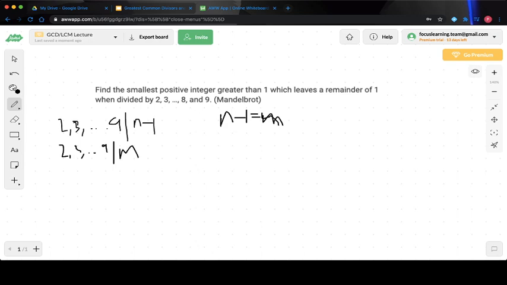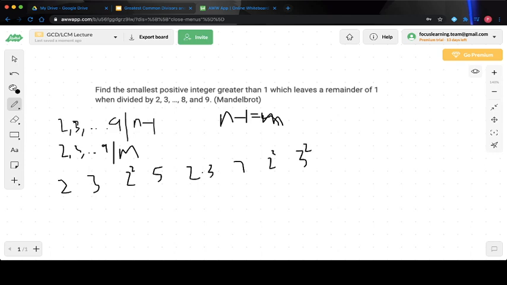So now we can just find the least common multiple of the numbers 2, 3, all the way to 9. We first prime factorize them. So these are the numbers, and we want to find the least common multiple.